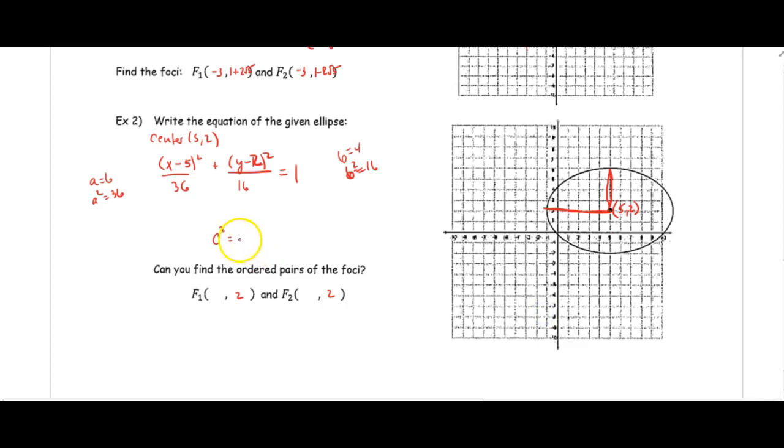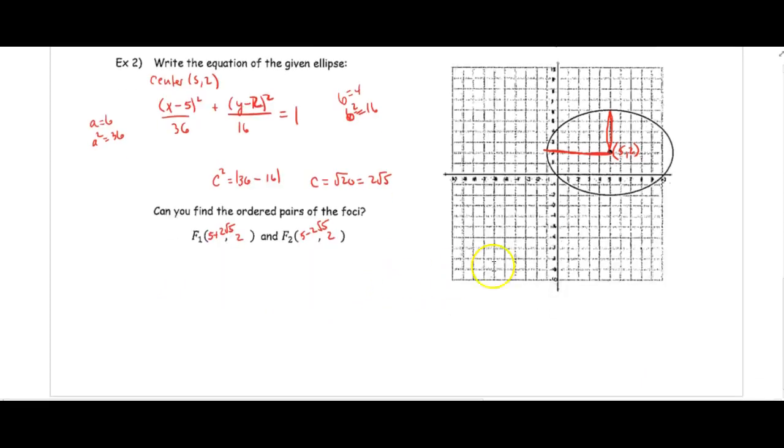So if c squared is equal to a squared minus b squared, right? You know c is going to be the square root of 20 again, which is 2 root 5. So we know we're going to take that x coordinate of the center, which is 5, add 2 root 5. Then we're going to take 5 and subtract 2 root 5. And that would give you the ordered pairs for your foci.